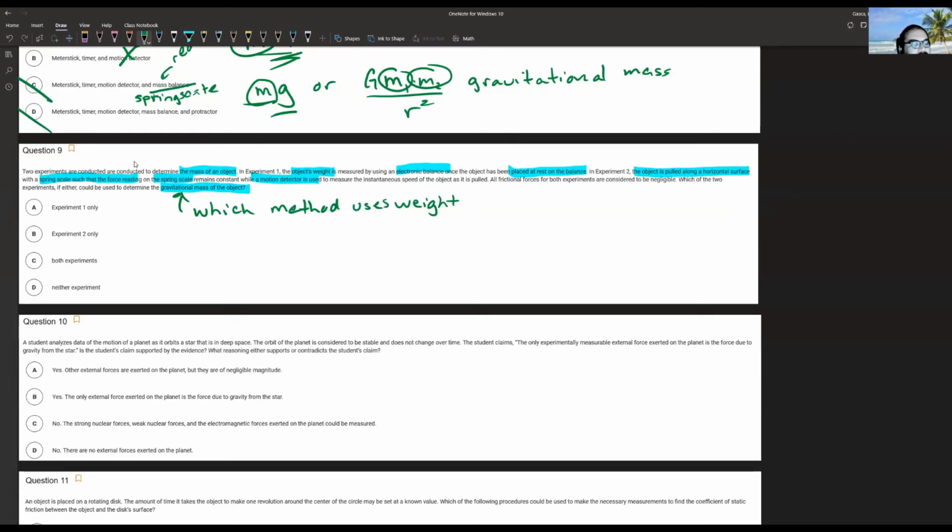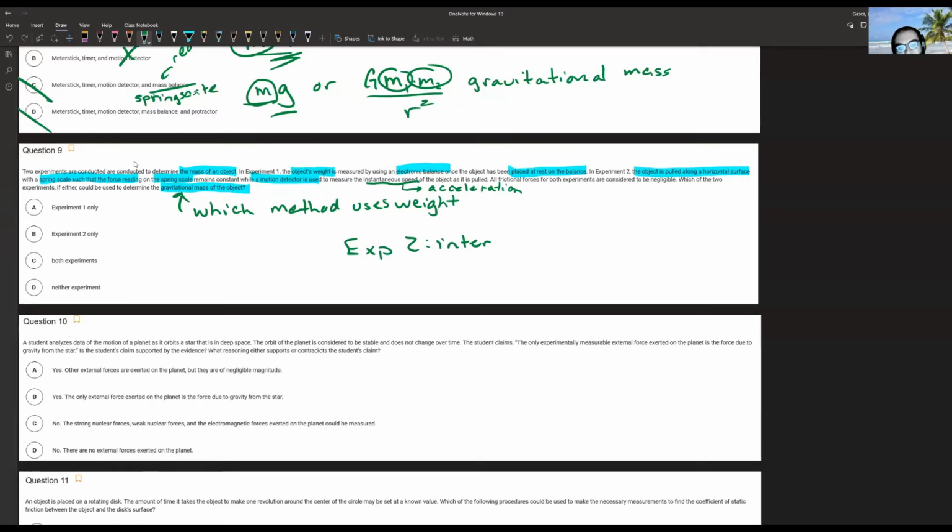So if we look at experiment 2, they're pulling this object with a force, and they're using a motion detector to get the instantaneous speed. If we can get the instantaneous speed as it changes with time, we can get the acceleration. So, really important, experiment 2 gives us the inertial mass.